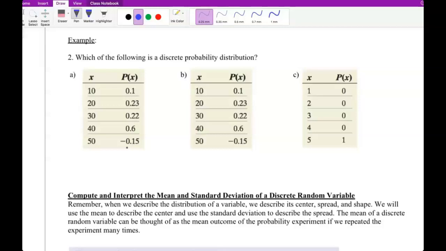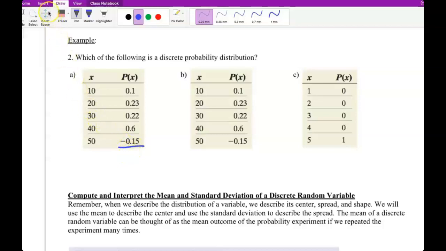Which of the following is a discrete probability distribution? Part A. Okay, so for the first rule, we should add all these numbers.